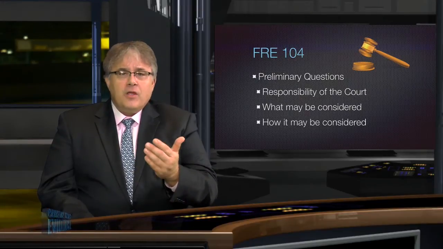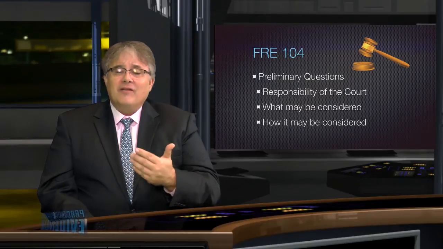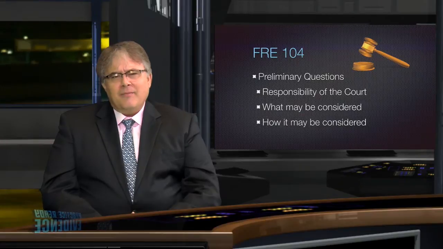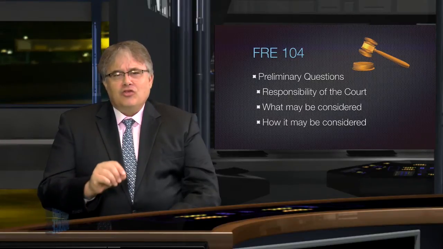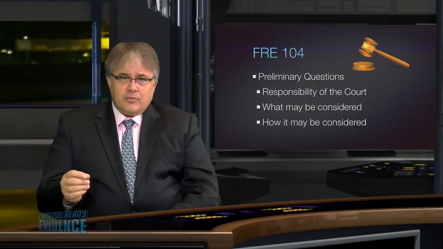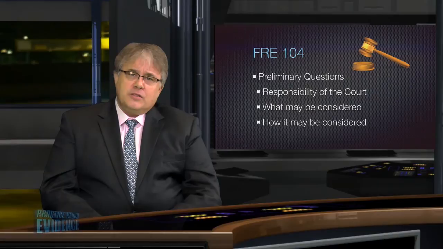First of all, the judge is not bound by admissible evidence in the federal system when making determinations of admissibility. Let me say that again. The judge can consider evidence that is otherwise inadmissible when determining whether or not another piece of evidence might be admissible.